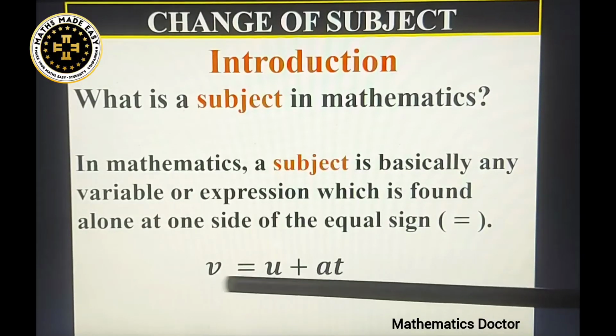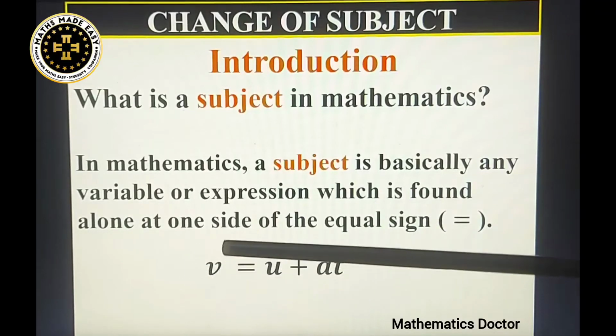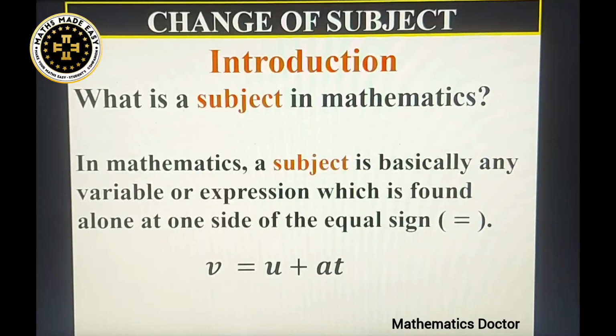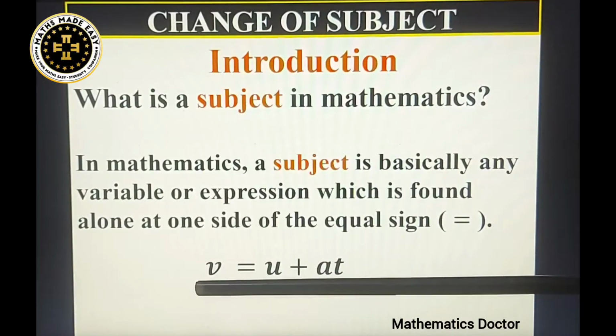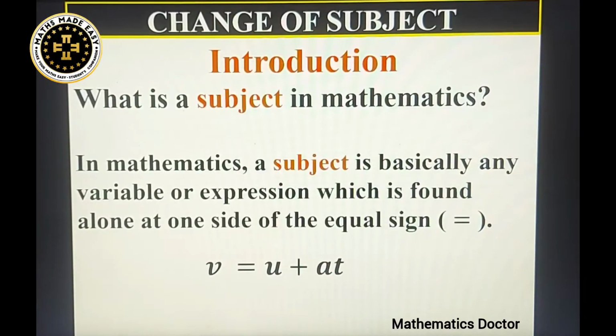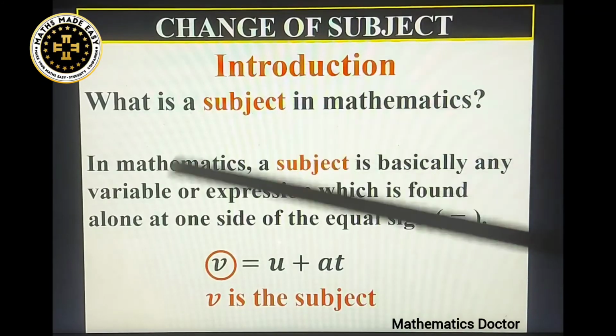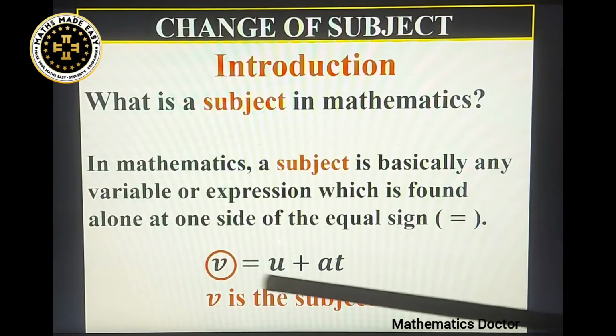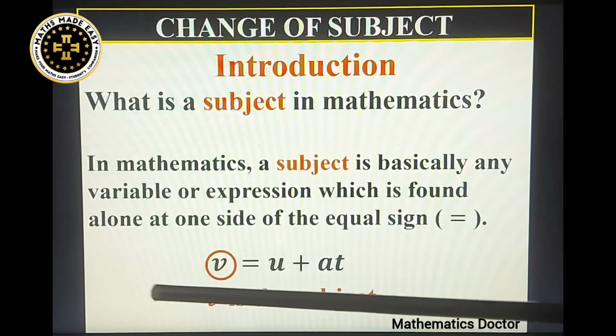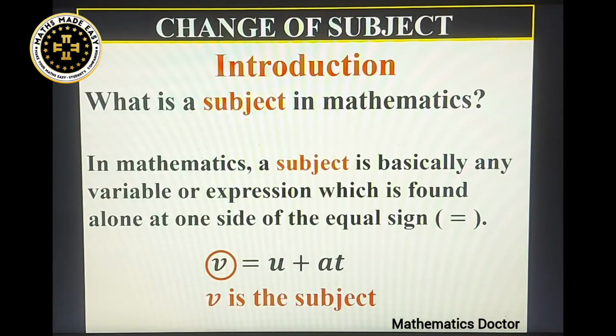In this expression, you realize that this variable v is alone at one side of the equal sign. Specifically, it is at the left-hand side of the equal sign. So in a nutshell, v becomes the subject. We can now see on the screen that v is our subject. Now, this is very simple. Judging from the definition, a subject is basically a variable or expression which is found alone at one side of the equal sign. And since v is found alone at the left-hand side of the equal sign, we consider it as a subject.